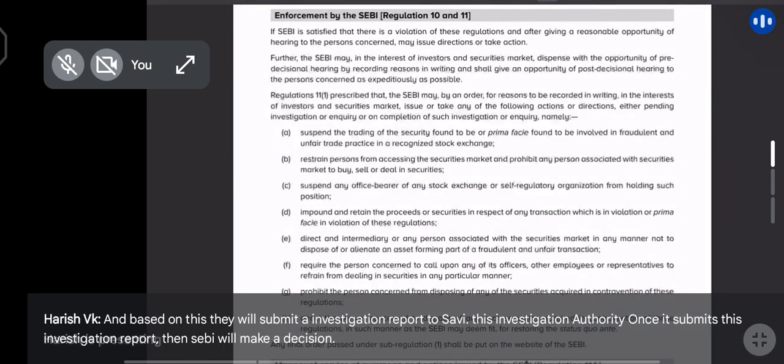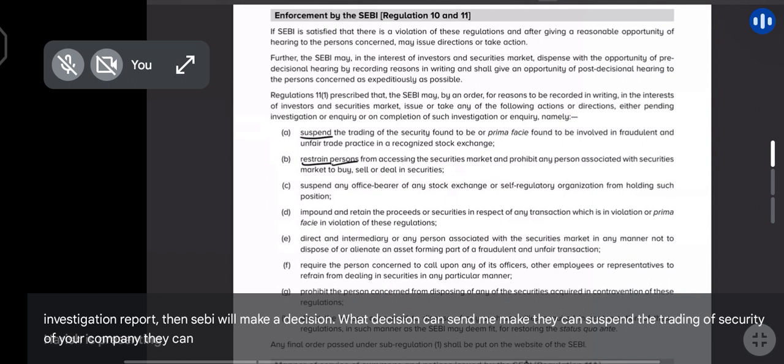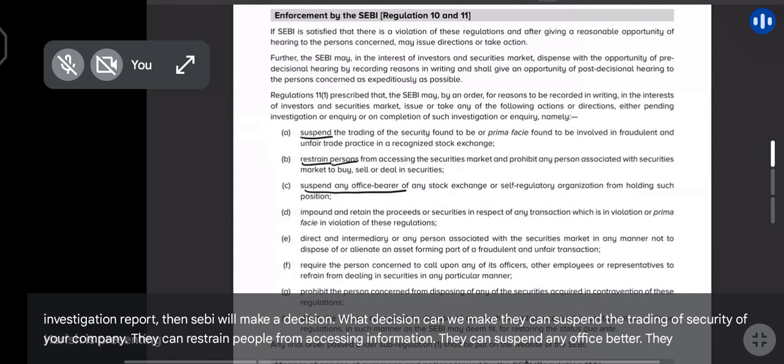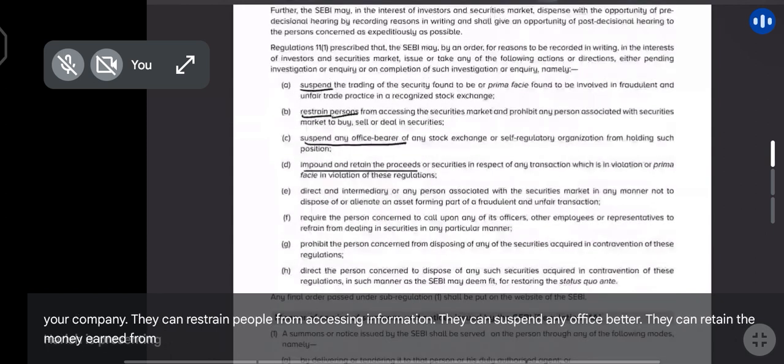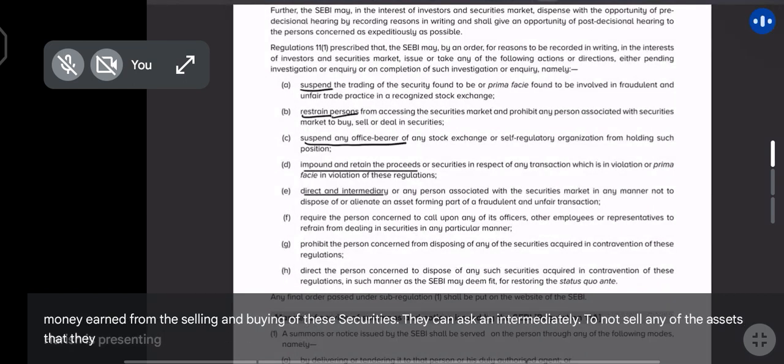What decision can SEBI make? They can suspend the trading of securities of your company. They can restrain people from accessing information. They can suspend any office bearer. They can retain the money earned from the selling and buying of these securities. They can ask an intermediary to not sell any of the assets that they have bought by entering into UTPs or FTPs.